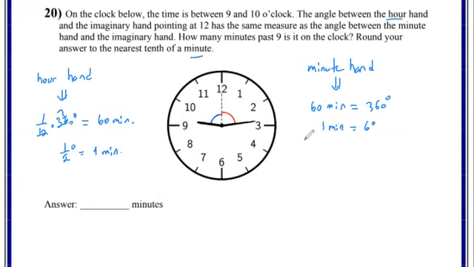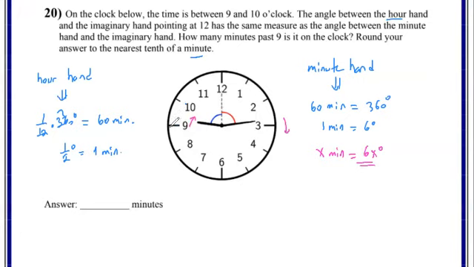For every minute that we move the minute hand, we have 6 degrees of rotation, right? So if I do x minutes, that will be 6x degrees of movement in this direction, from 12 to x minutes. So this measure is going to be 6x. But when you move the minute hand from 12 by some degrees this way, the hour hand is going to be moving this way as well.